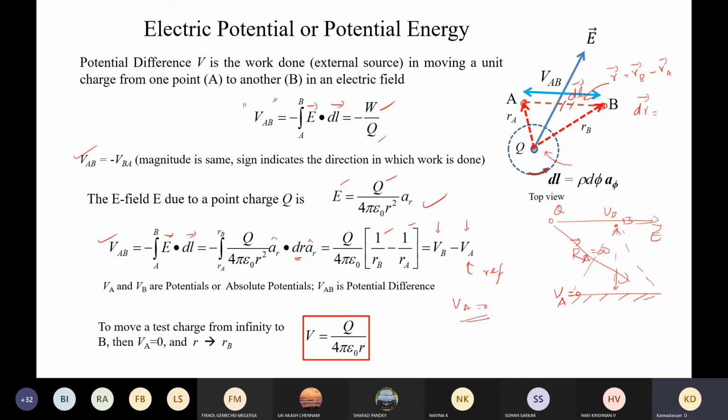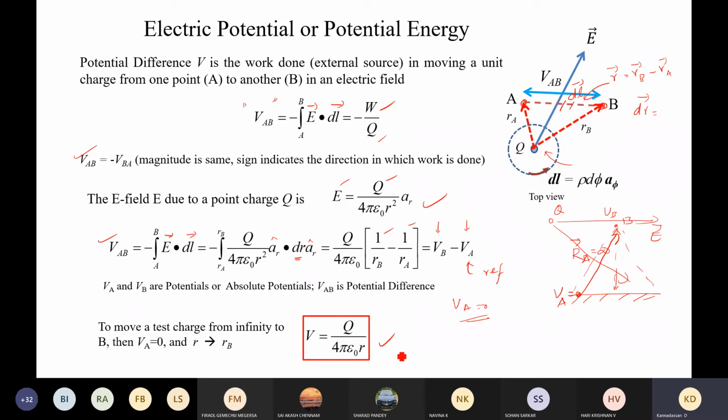This is why we always consider the reference plane or the reference potential to be equal to 0, which in other words means we are going to bring the test charge from an infinite place to this particular point. So the total work done will be equal to VB, because VA is equal to 0. So VAB is equal to VB, which we can define like this.